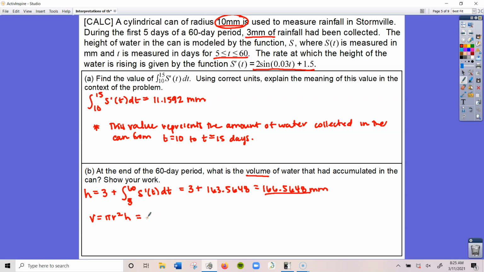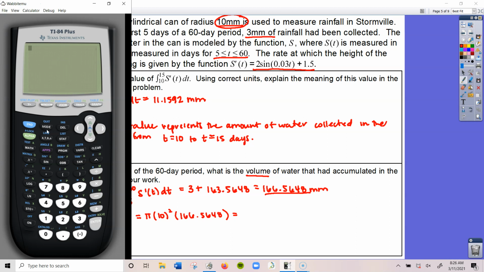So we're going to plug in the radius, so pi times 10 squared times 166.5648. And now I can just put this in the calculator. So pi times 10 squared, which is 100, times 166.5648.